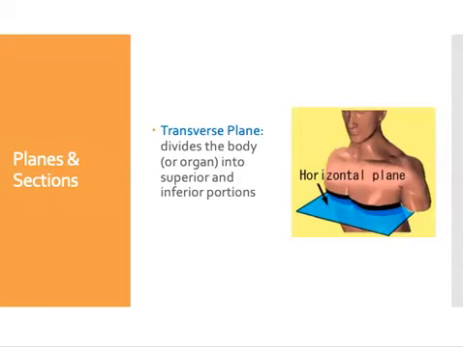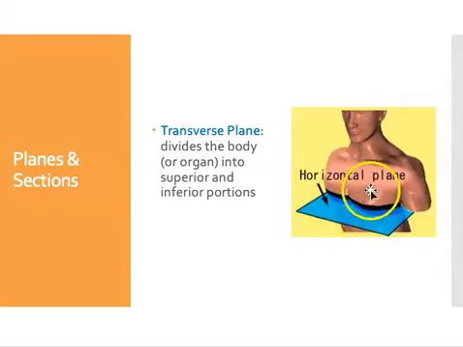The next plane is called the transverse plane. This is a plane that cuts through the body horizontally. So it's dividing the body into what you might consider upper and lower portions, or what we could now call superior and inferior portions.